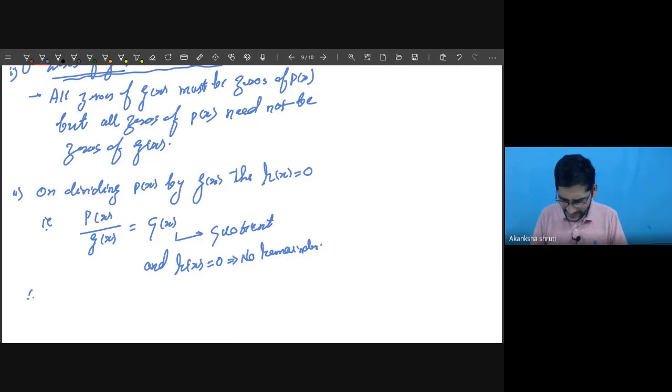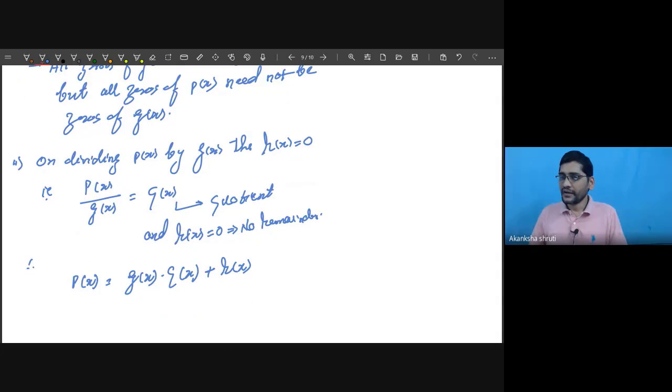Therefore, by the division algorithm, any polynomial p(x) can be written as the product of another polynomial g(x) into the quotient q(x) plus r(x). This was our division algorithm. Like we know, dividend equals divisor into quotient plus remainder.